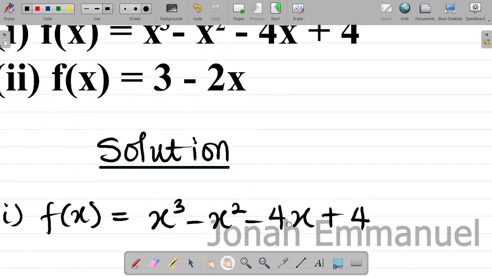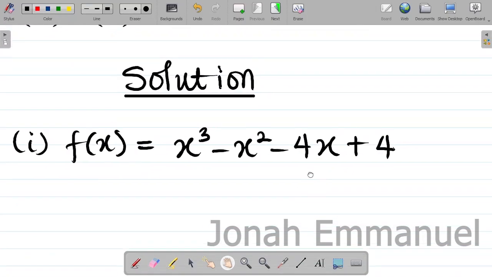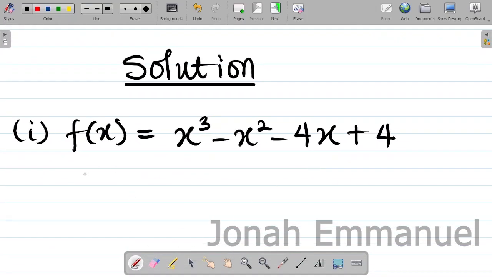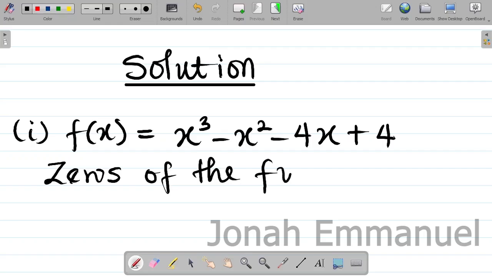So the first task is to find the zeros of the function. Now, when we say we want to find the zeros of the function, what exactly do we mean?